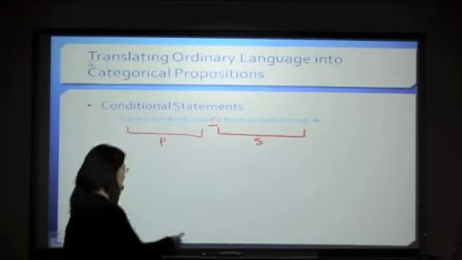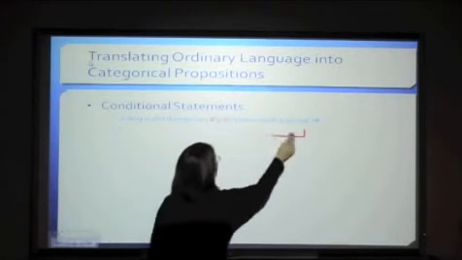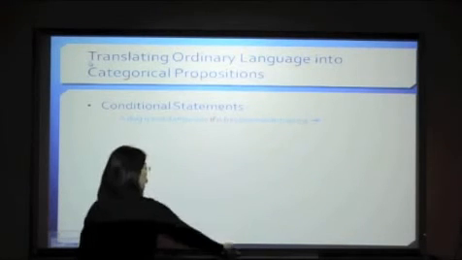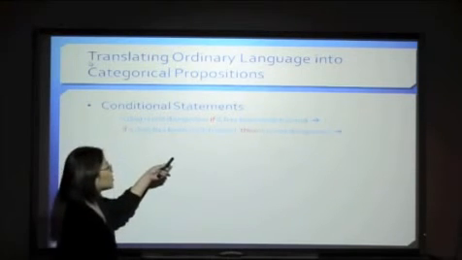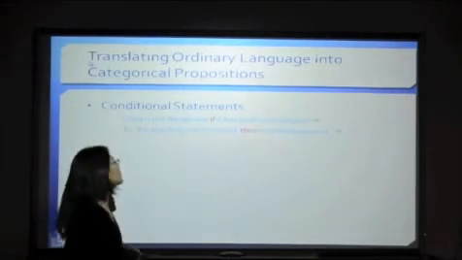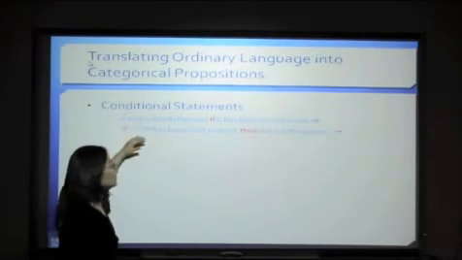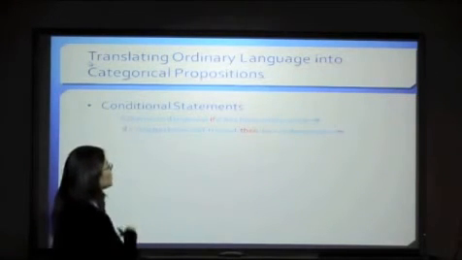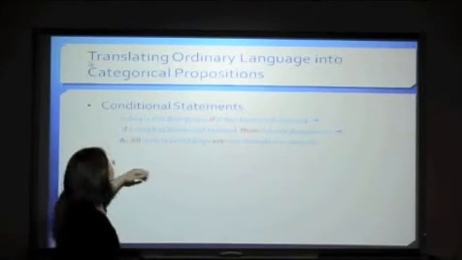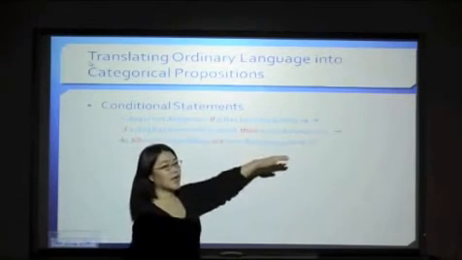In such a case, what we can do is translate the statement into: if a dog has been well trained, then it is not dangerous. Here it clarifies the conditional into a standard if-then. And then to turn it into a standard form categorical statement, we have all well-trained dogs are non-dangerous animals.